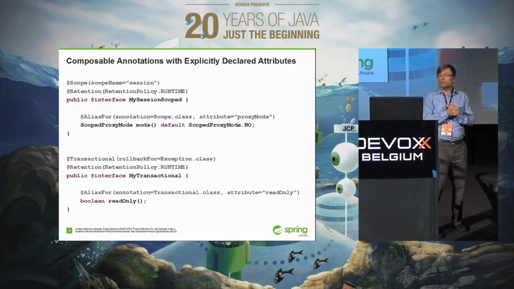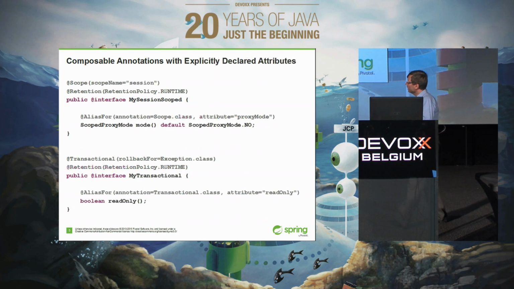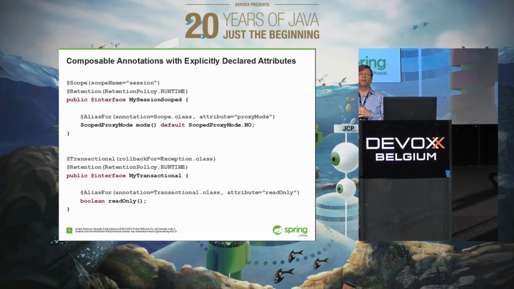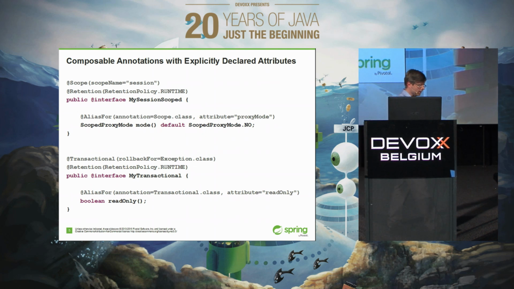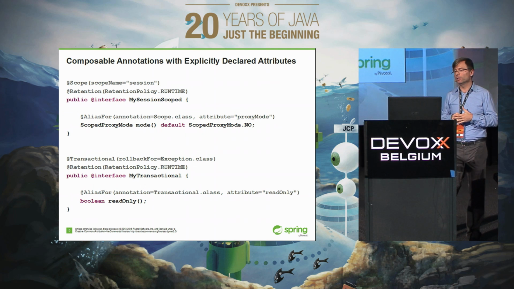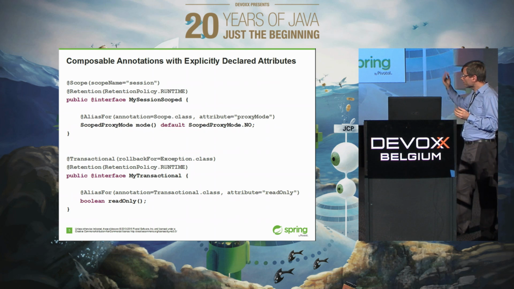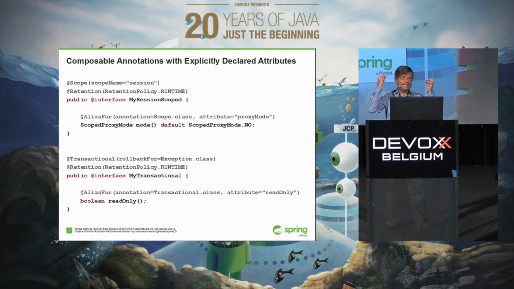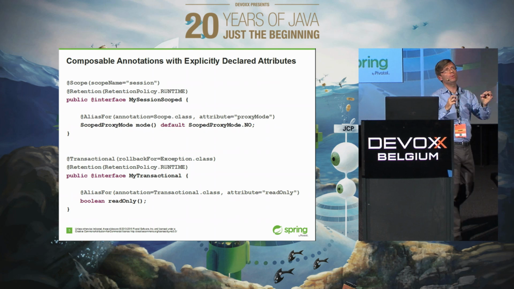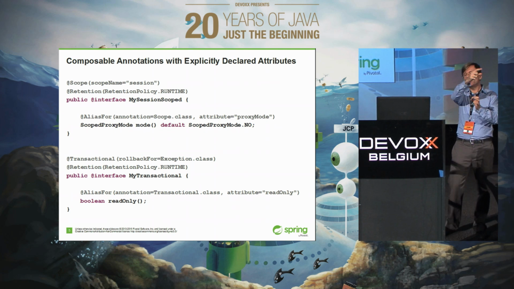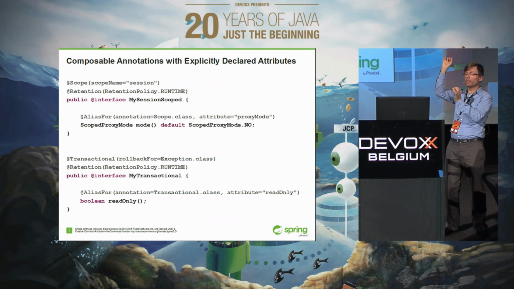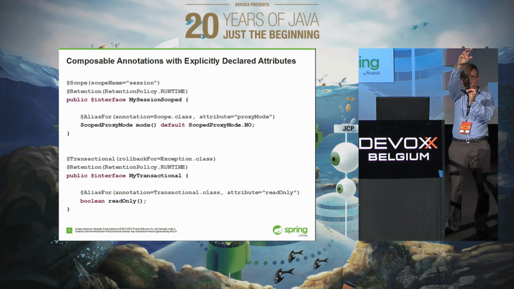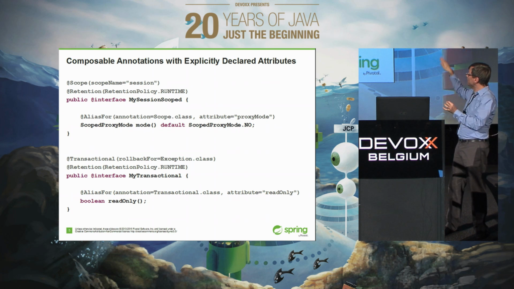All right. A Spring 4.2 feature. You can become more explicit here. You can choose to declare @AliasFor on annotation attributes. This annotation allows you to explicitly say that a specific attribute redeclares some other attribute, pointing to the annotation type where the original attribute lives, and indicating the name of the attribute.